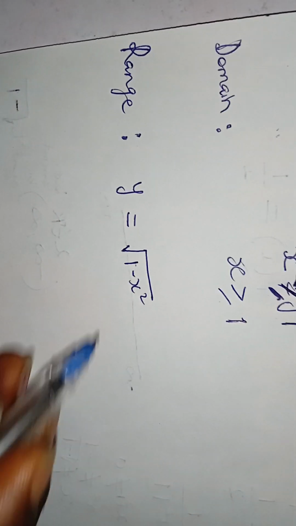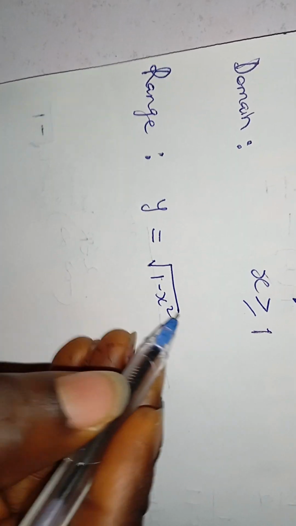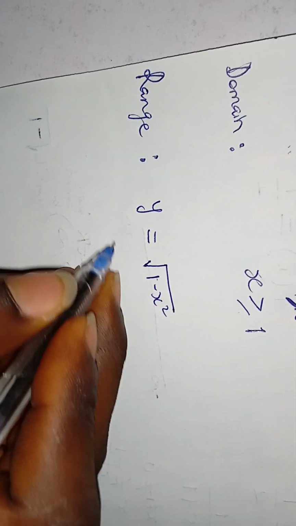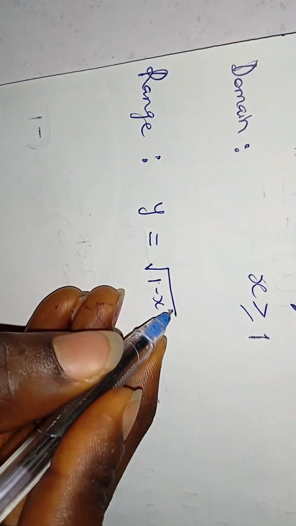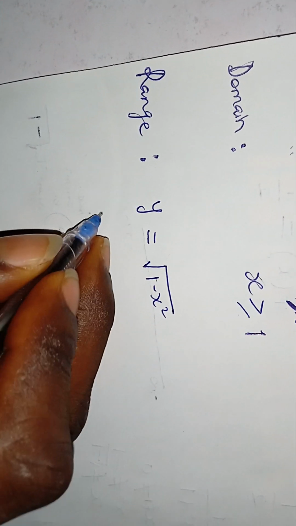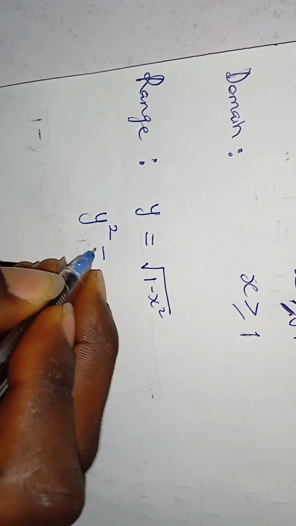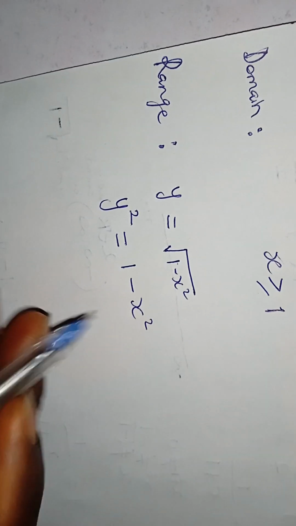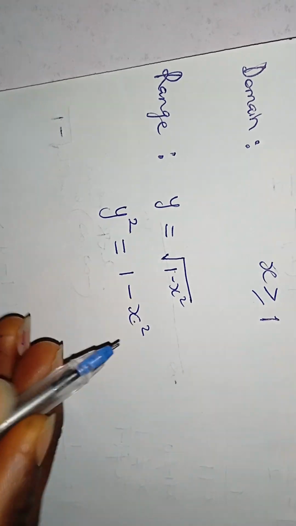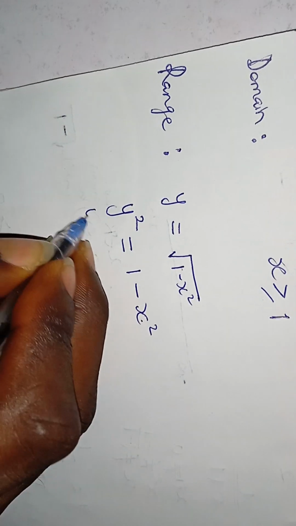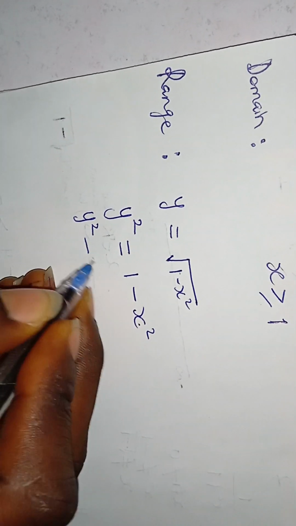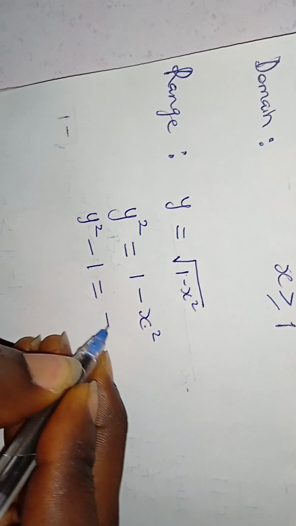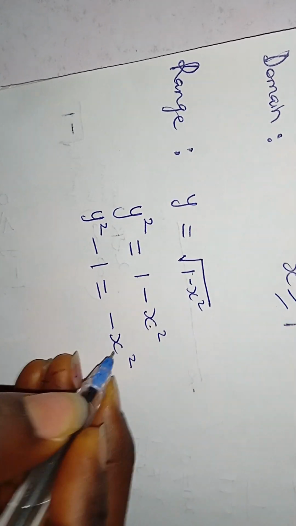Now, if you have the square root of 1 minus x squared, take the square of both sides, or you say this square root crosses over, so that this becomes y squared is equal to 1 minus x squared. Remember, our goal is to make x the subject of the formula, so y squared minus 1 equals minus x squared.